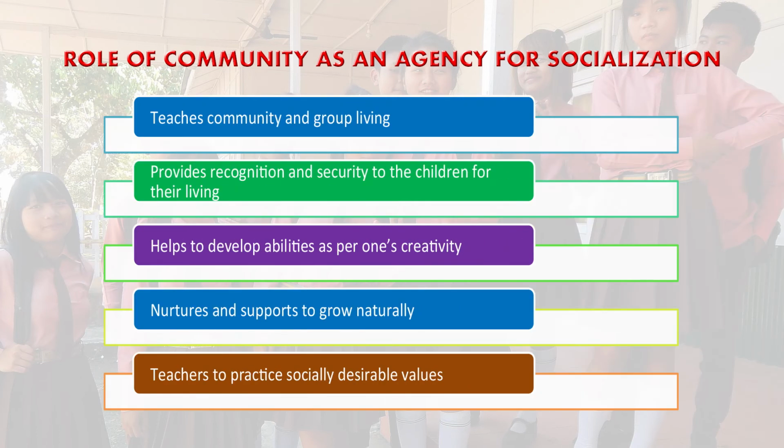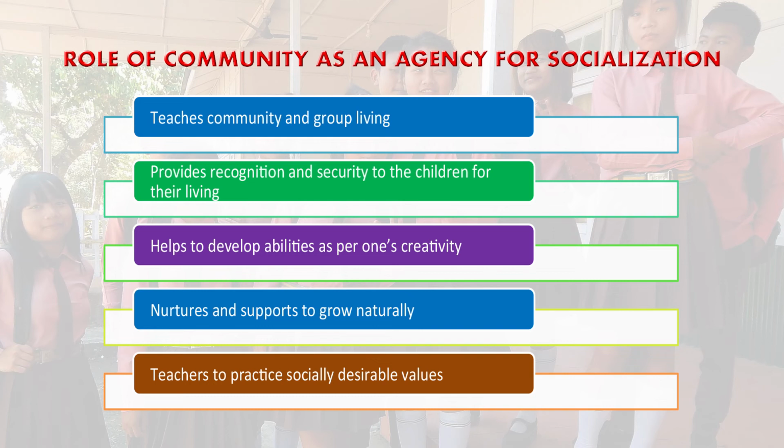Further, if I focus upon more points, that is the role of the community as an agency for socialization, we can say that the community teaches group living. Then the community provides recognition and security to the children for their living.